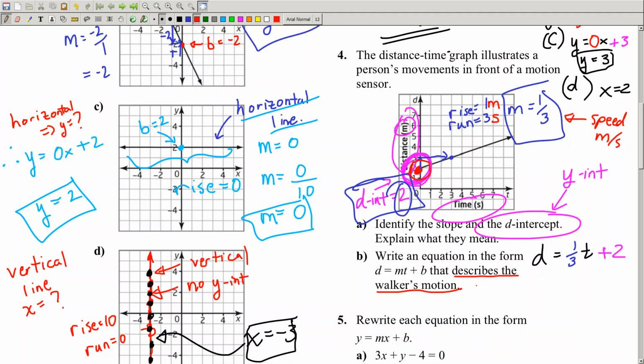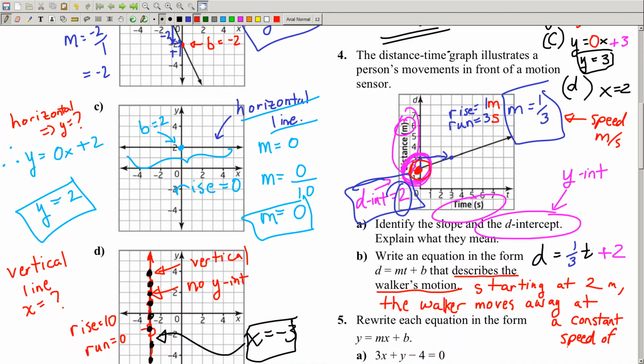Starting at a position of 2 meters, the walker moves away at a constant speed of 1 over 3 meters per second. That's it. Remember, you're moving away, and now we know what speed it is. It's the slope.